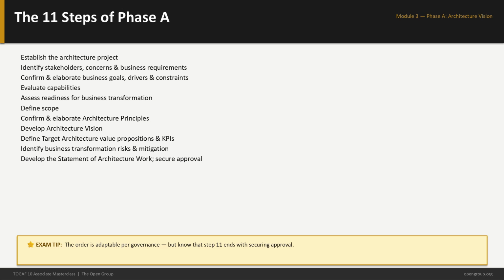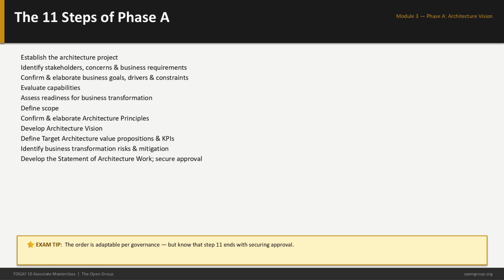Phase A has 11 steps, and while you don't need to recite them in perfect order, you should recognize them. 1. Establish the architecture project. 2. Identify stakeholders, concerns, and business requirements. 3. Confirm and elaborate the business goals, drivers, and constraints. 4. Evaluate capabilities. 5. Assess readiness for business transformation. 6. Define scope. 7.